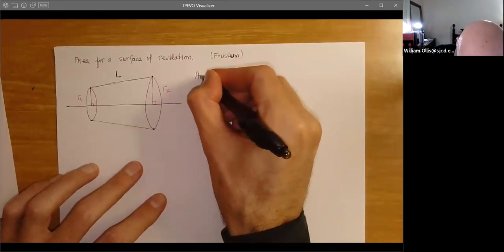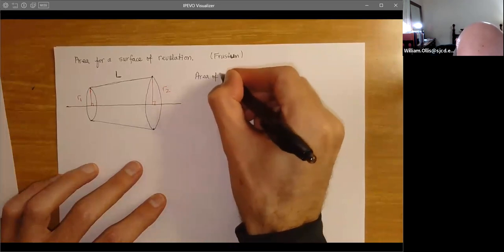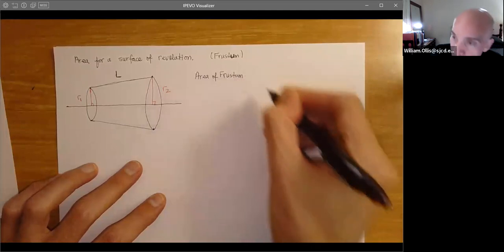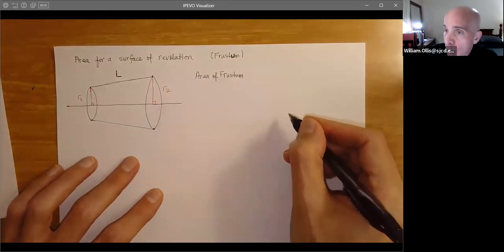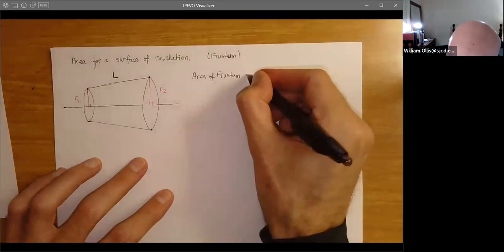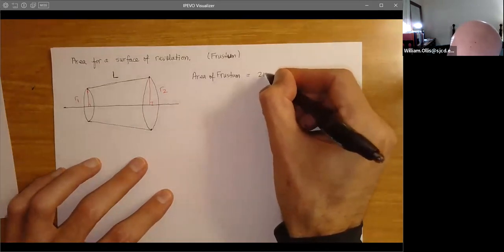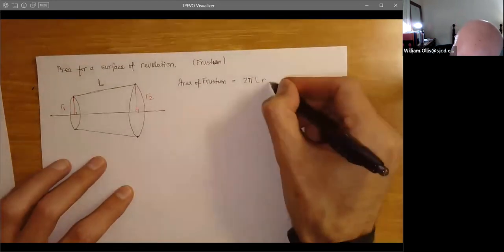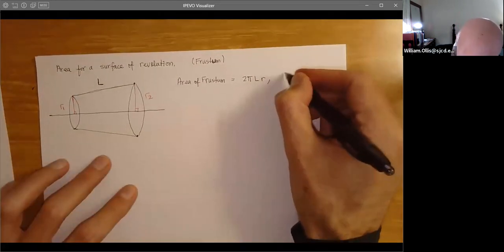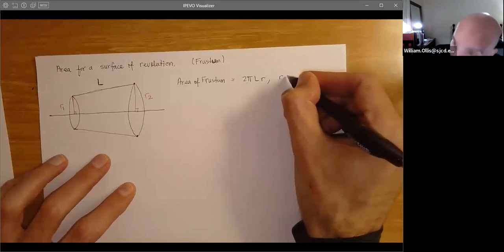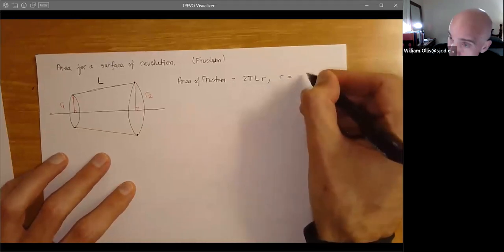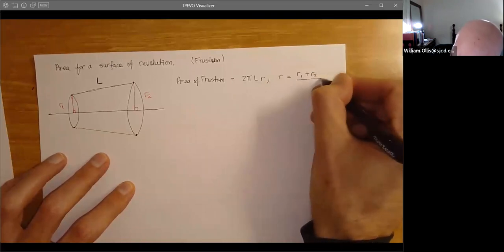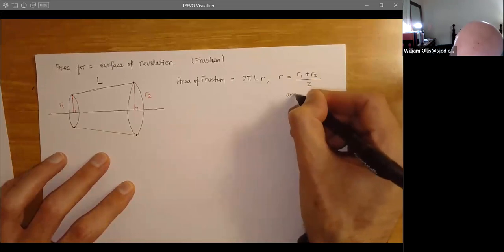And this is what we use to motivate the integral definition of surface area, or area for a surface of revolution. It is 2 pi L R, where R is the average radius, R1 plus R2 over 2.